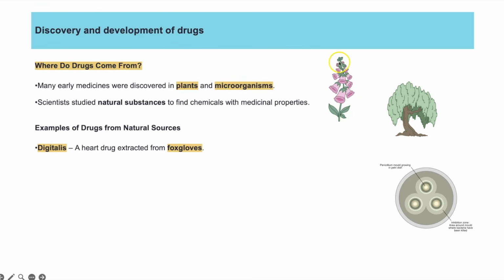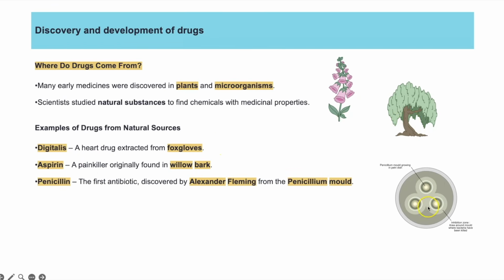Digitalis, and that comes from this flower here, foxglove. That is a chemical that is now used as a heart drug. Aspirin, that is a painkiller originally found in willow bark. And then penicillin, which is an antibiotic. It was actually the first discovered antibiotic by Alexander Fleming. And that was in this mold, Penicillium mold.